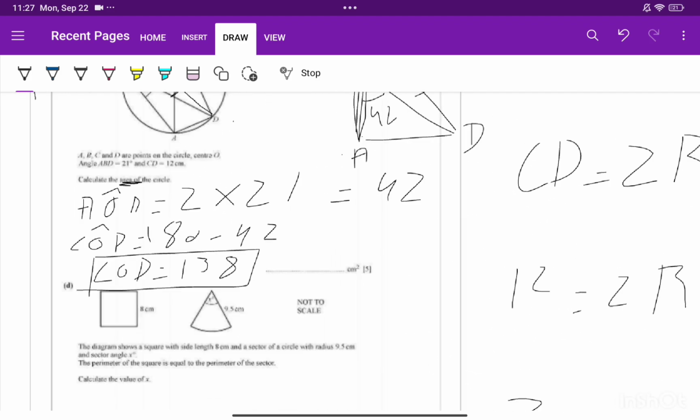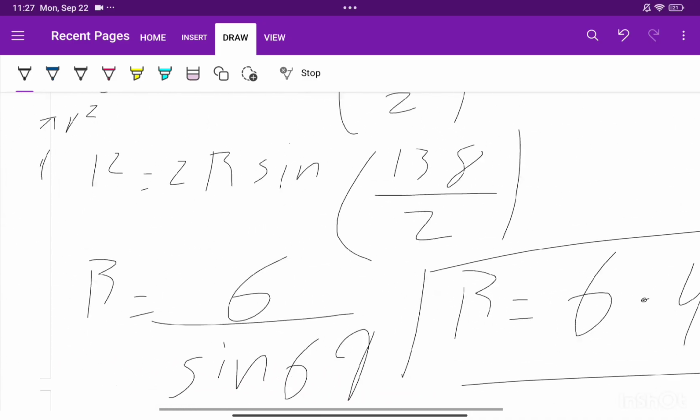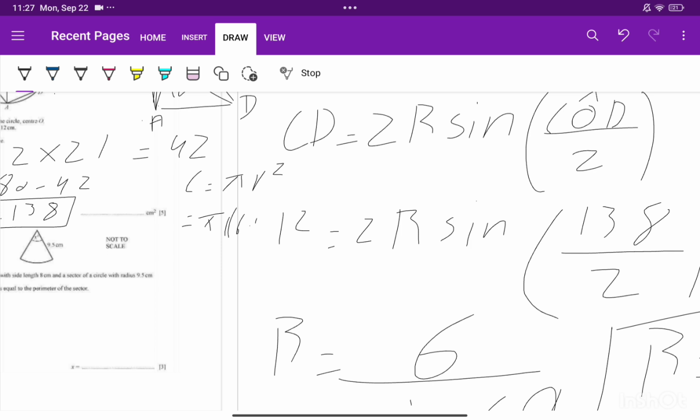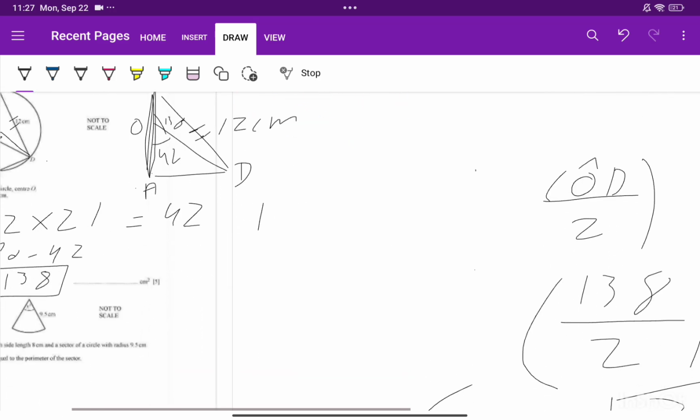So we need to find area of the circle. So this now is easy. Area of the circle formula is pi r square. So we have found radius 6.43. Okay, first I should clean this all up. So area of circle is pi r square.